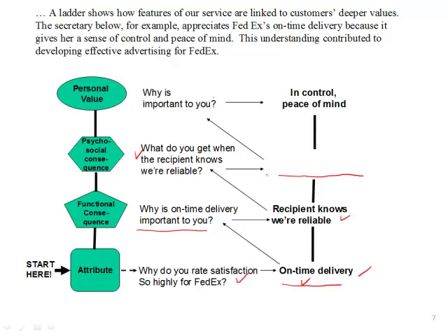With regard to the highest level value, why is whatever important to you? What they said was, well, it makes me feel in control or peace of mind. The interesting thing here is that it could be a variety of things. It could be things that are related to the company's success, could be related to my boss's success, could be related to my success, but what you get here, and the label is called psychosocial consequence, would be something that has to do with relationships with other people, or has to do with something personal to, in this case, the secretary.